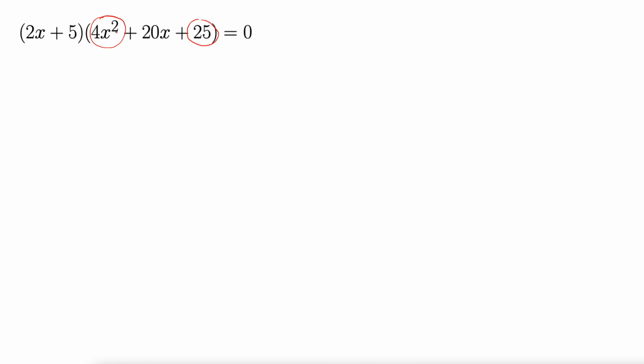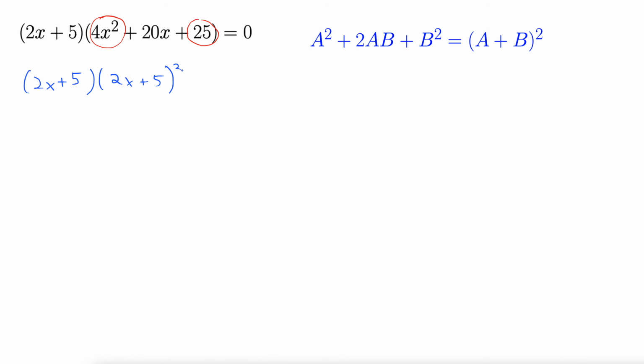So the first thing to check is whether this is a perfect square trinomial of the form a squared plus 2ab plus b squared, which indeed it is. So the 2x plus 5 hangs out at the front, but the second trinomial factors as 2x plus 5 quantity squared, equals 0.